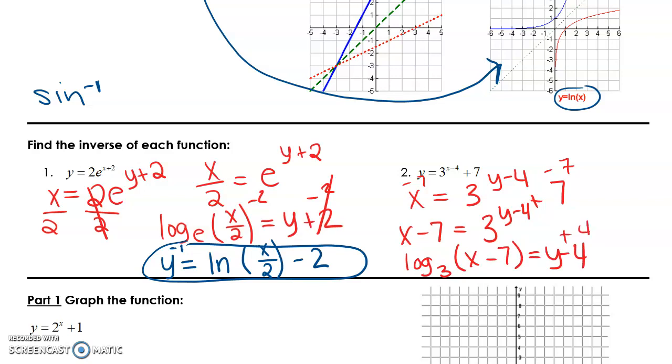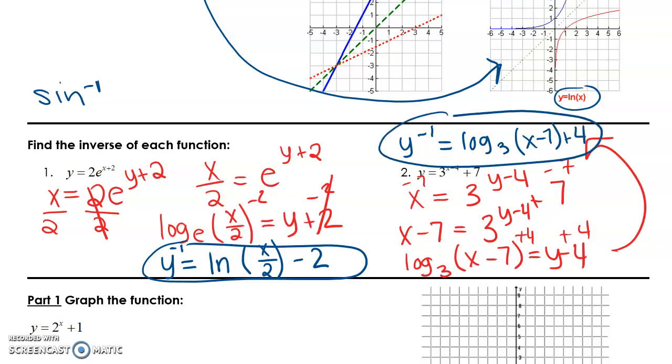The final step is to add the 4. I'm going to write my final answer up here in blue. So that's going to be y inverse equals log base 3 of x minus 7, plus 4. So that's how we find the algebraic inverse of an exponential function, writing it as a logarithm.